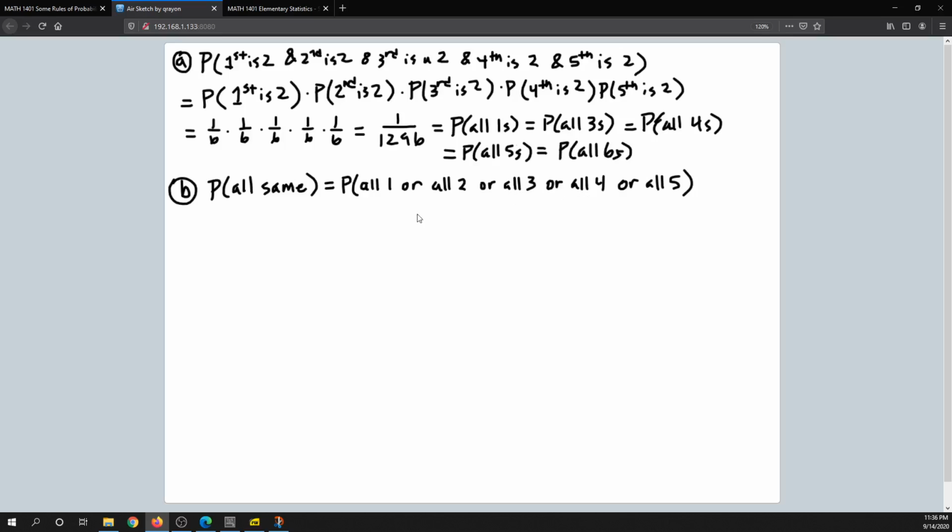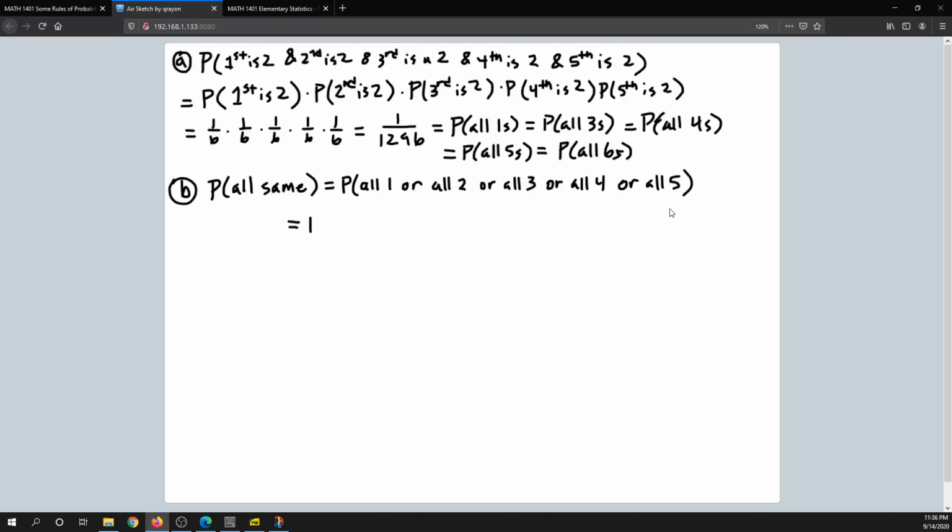And so we need to ask ourselves, are these events mutually exclusive? Is it possible that in a single roll of 5 dice that you roll all ones and at the same time roll all twos? And the answer is no. These events are all mutually exclusive. None of them can happen at the same time as any of the others.